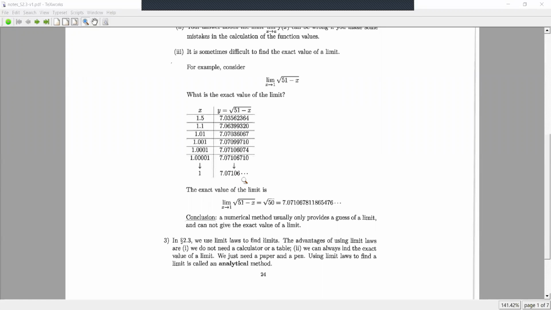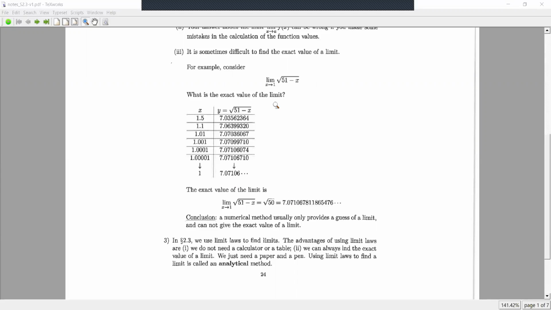About this number, I can only tell the first 6 digits, 707106, because based on the last two numbers in the table, they match only the first 6 digits. After that, the digits are different. So I cannot tell the digits after the first 6 digits on the limit.